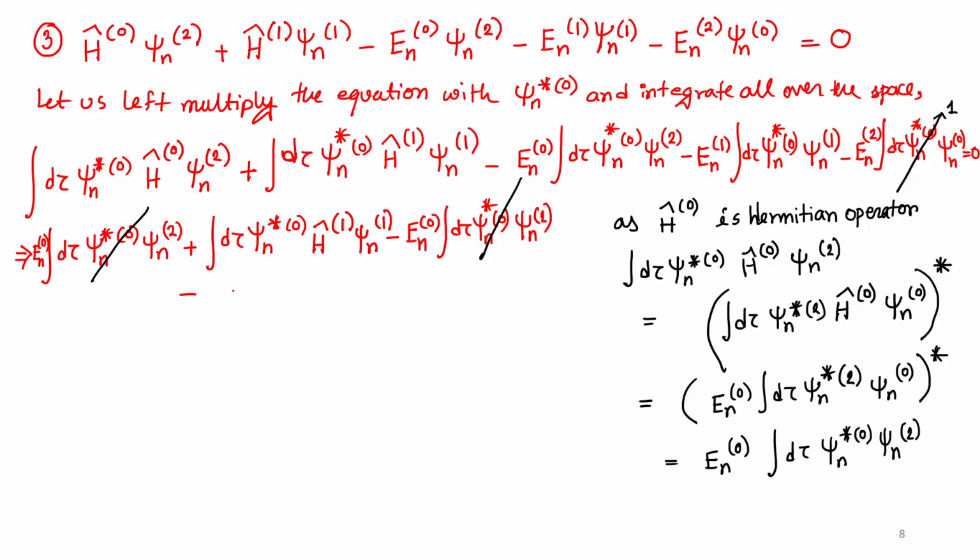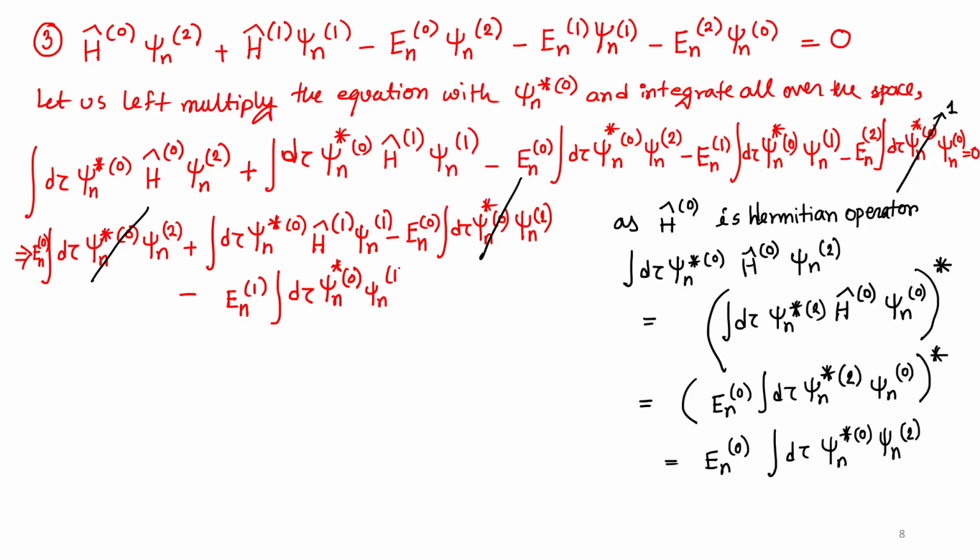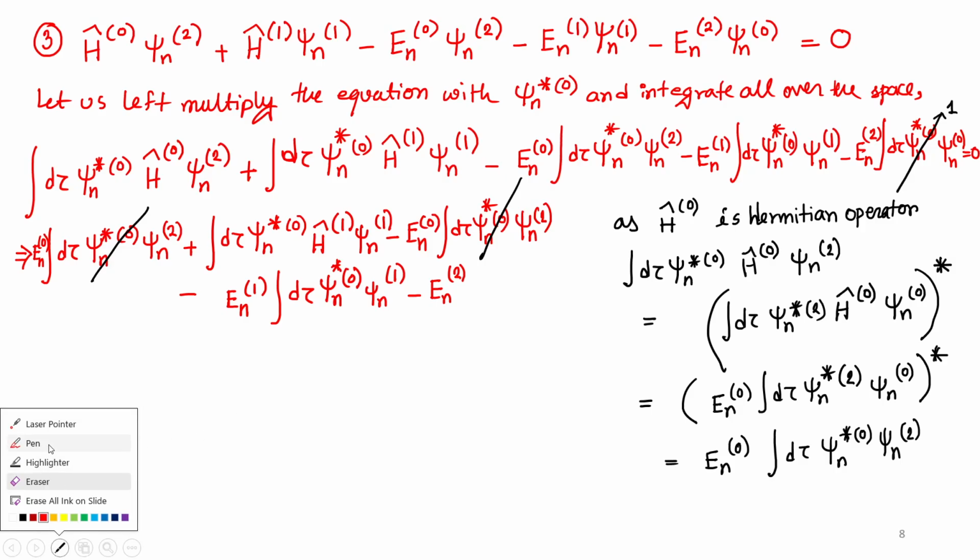What else did we have? We had En first order d tau psi n first order, right, and this part, as we have the normalized condition, is as it is, and this is equal to 0.